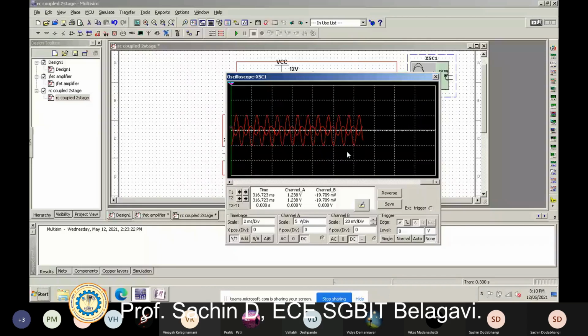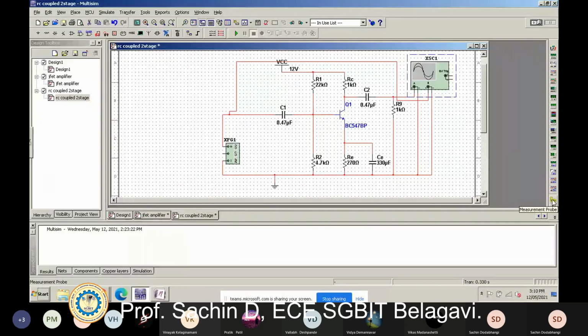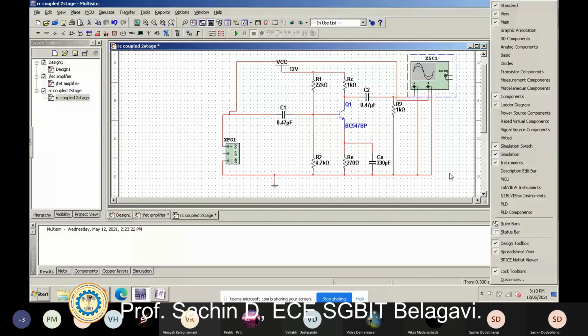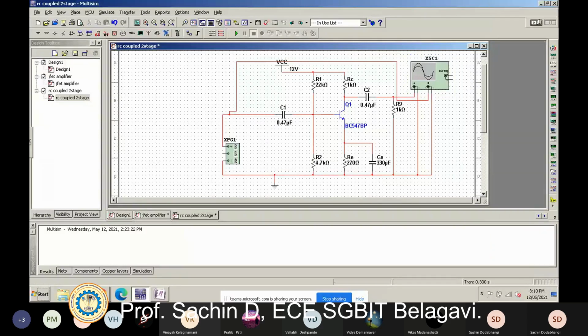Okay. Here also you can find voltage. Last, you can see the measurement probe. I will check the voltage at this point.